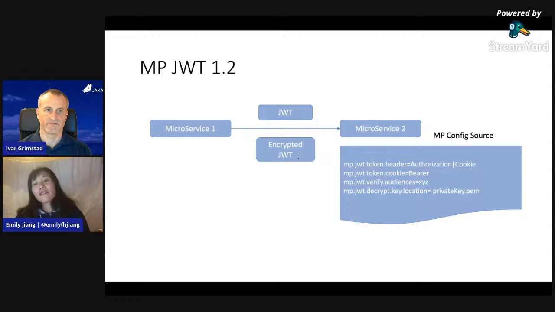So you need a private key to encrypt it, and on the receiving side, you need a public key to decrypt it. This is a JWS, a signed JWT. In this case, you need some configuration to figure out where your private key is, where your public key is, and so on.